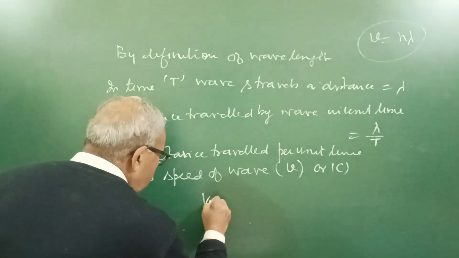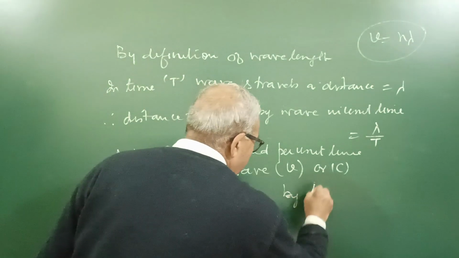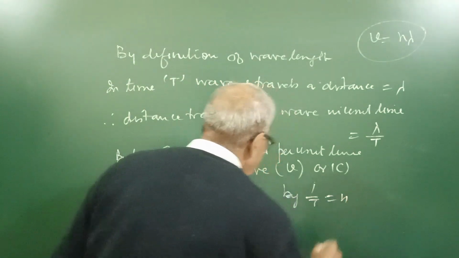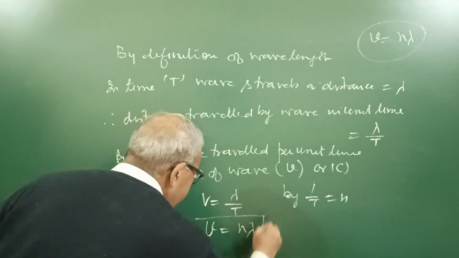So v equal to lambda by T, but 1 upon T equal to n. So v equals n lambda.